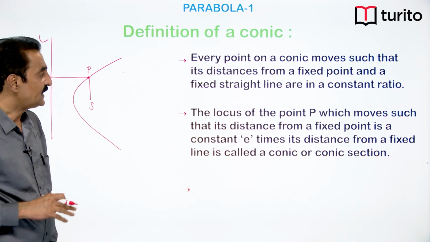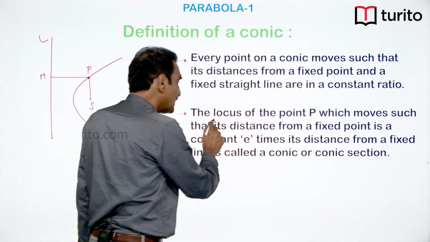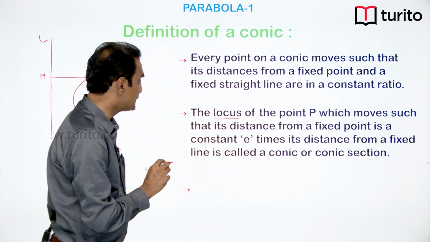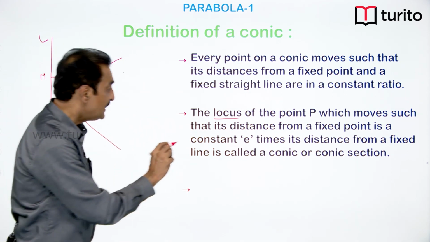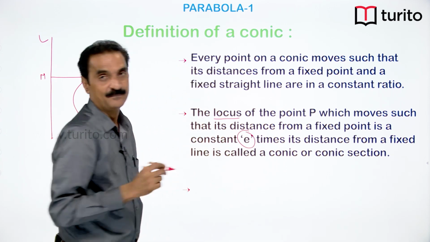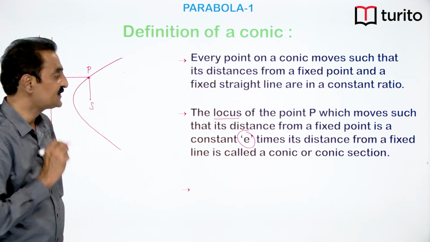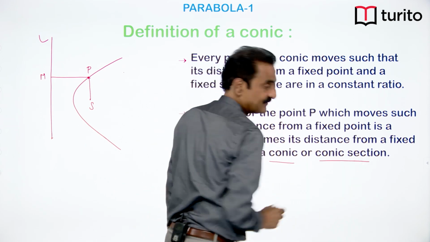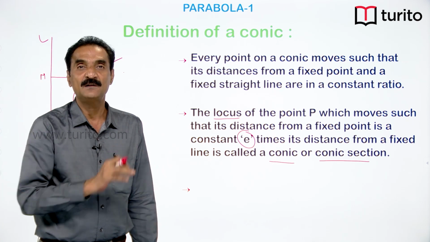Now, let us define the conic like this. The locus or the path of a point P which moves such that its distance from a fixed point is a constant times, that constant is denoted by E, a constant E times its distance from a fixed line is called a conic or conic section. That is the common link of all the conics.